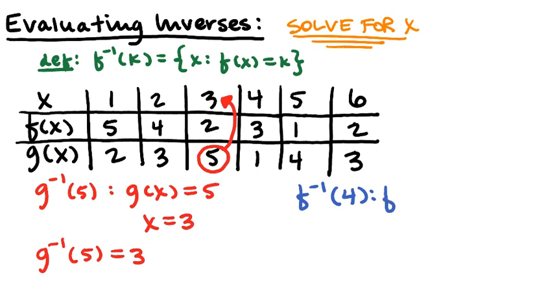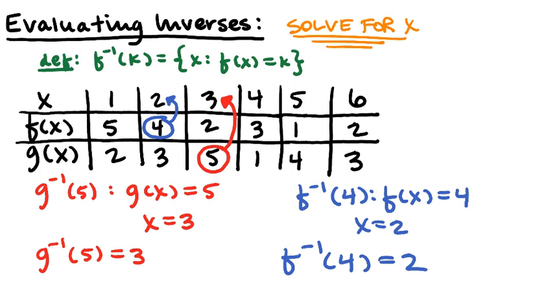That's where I set f of x equals 4 and solve. So I'll let y'all think about that for a second. Get a hypothesis in your head. You go to the row for f of x, you find 4, and you trace it back to x equals 2. And you can conclude that f inverse of 4 is equal to 2.